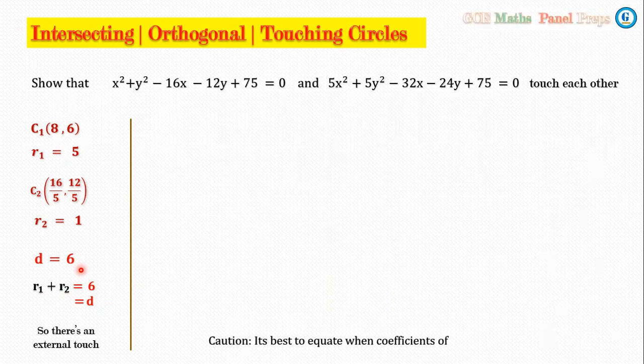So note, it is best to equate when the coefficients of x squared are both 1. So if I have to equate these two circles to get the common point of intersection, the coefficient of x squared in the first circle and the coefficient of x squared in the second circle should both be 1.